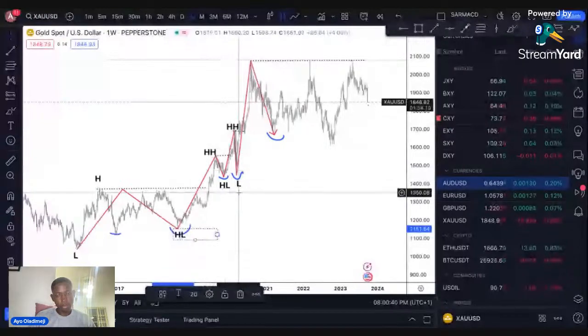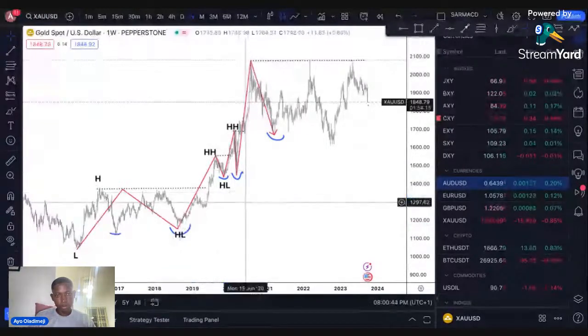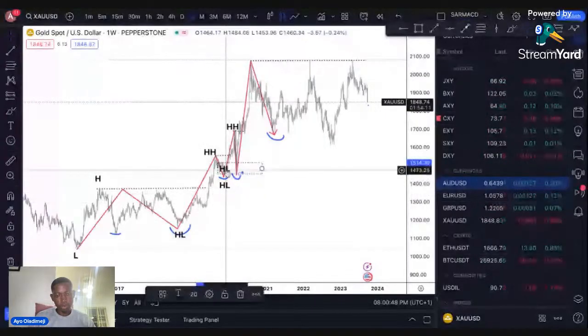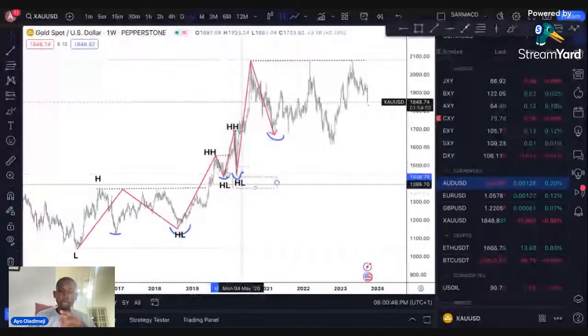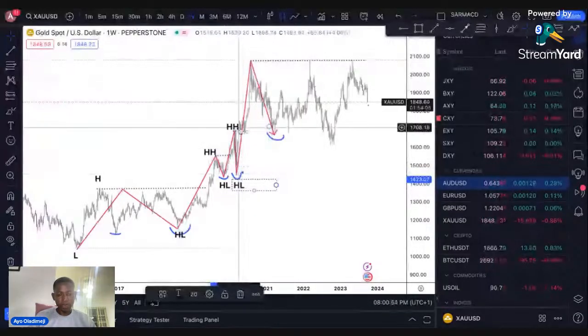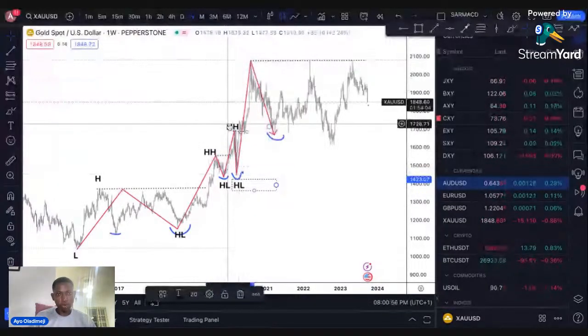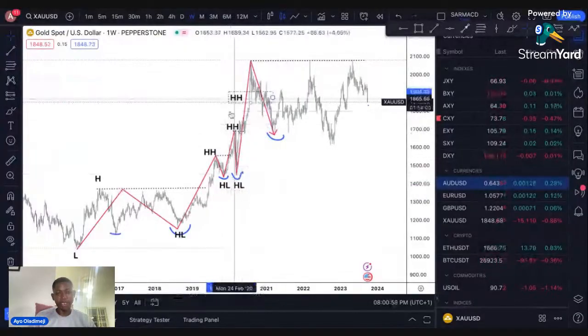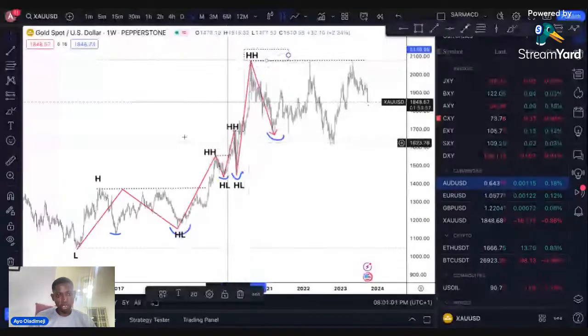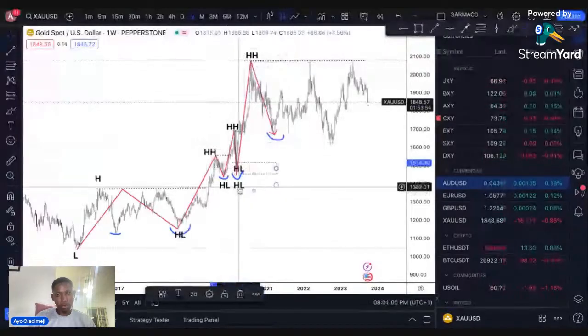Okay. So we have equal lows here. Then this impulse broke this higher high and gave us a new one, right? So we have a higher high here. And then the next time we saw it, it created a low, a higher low.